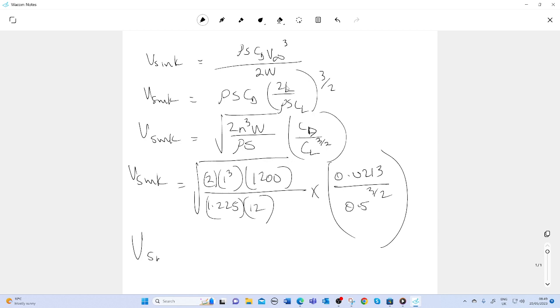Our V sink calculated becomes 0.77 meters per second.